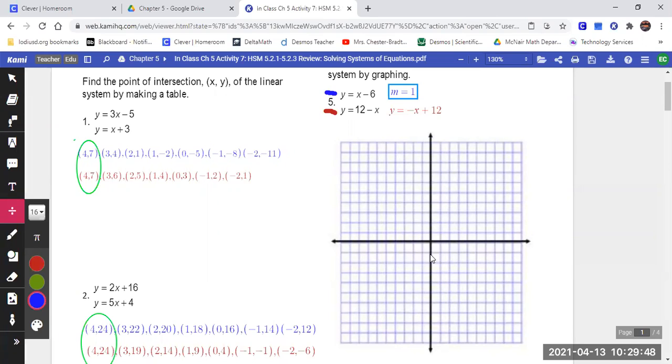Okay, now we need the b for this one. And we need the b as a number, and we need a b as a coordinate. We need both. So what is our b for this first equation? Grab it from the equation. What's the b?